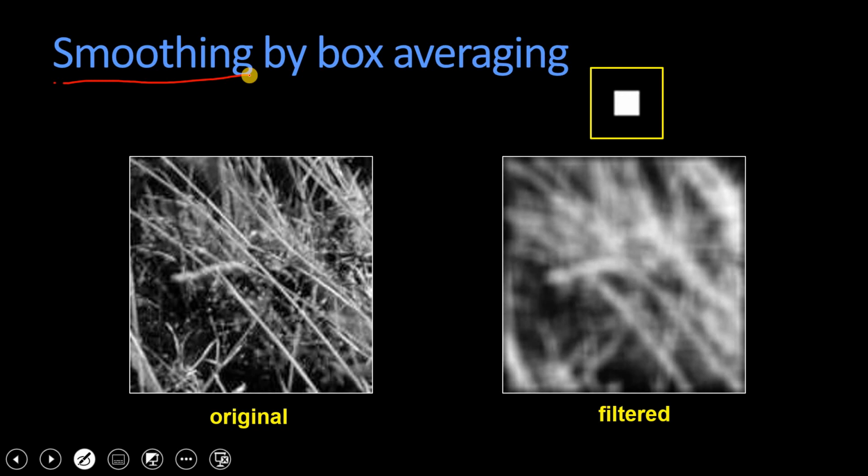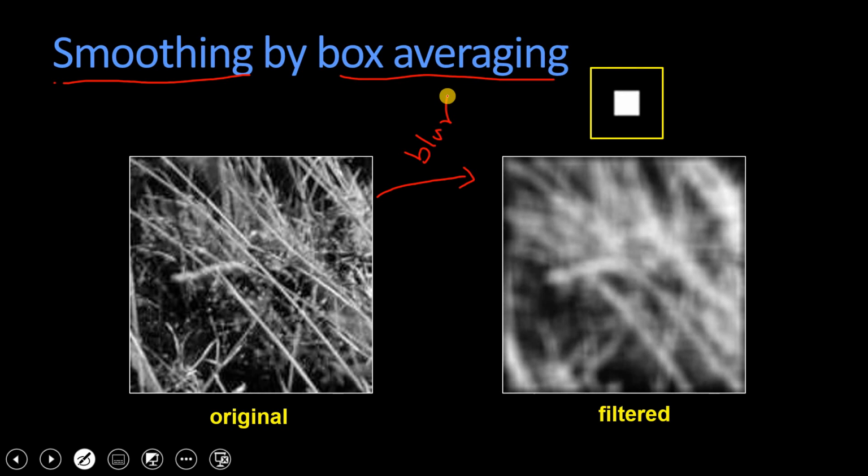But one side effect of filtering or averaging is that the image will become blurry. Why does it become blurry? Because it takes the value of the pixel and makes it average, closer to its neighbors. So when all the values become more like their neighbors, the image becomes blurry. It is not so sharp.